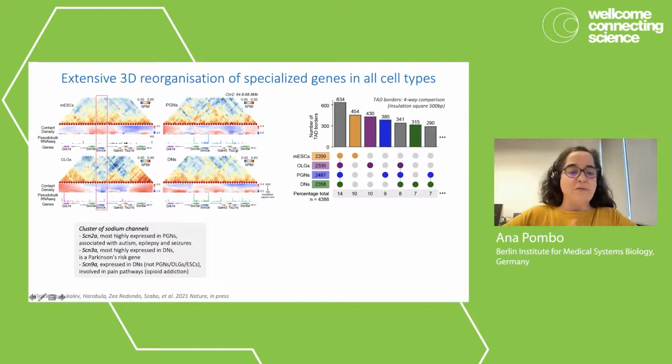So because we had seen that often these borders can coincide with interesting and important genes, we then decided to do a gene ontology for all genes that were found at the borders.